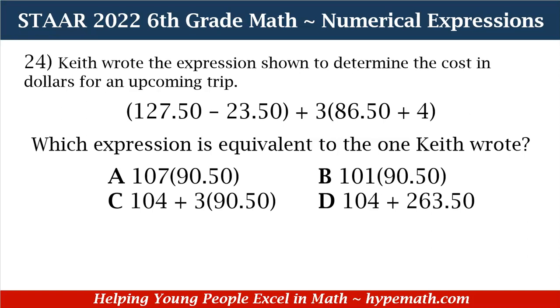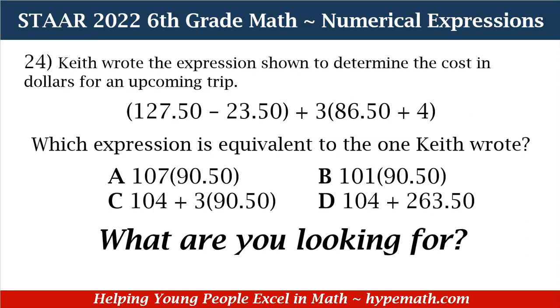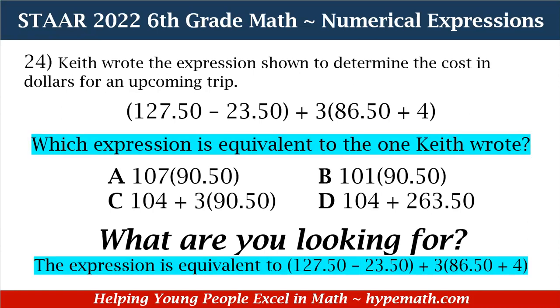In order to solve this problem, the first thing we're going to do is ask ourselves, what are we looking for? We are looking for the expression that is equivalent to, in parentheses, 127.50 minus 23.50 plus 3 times 86.50 plus 4.